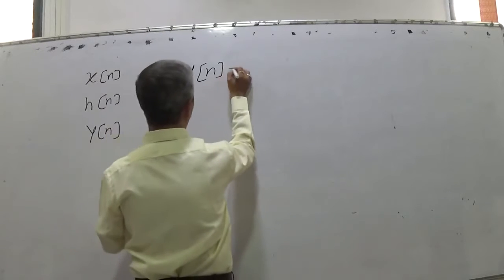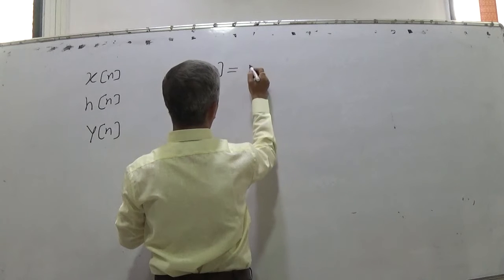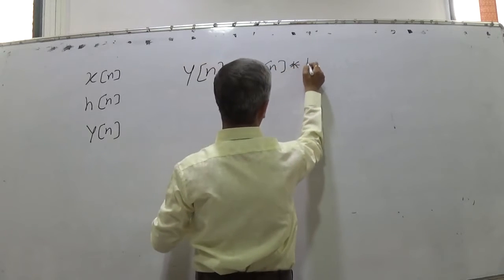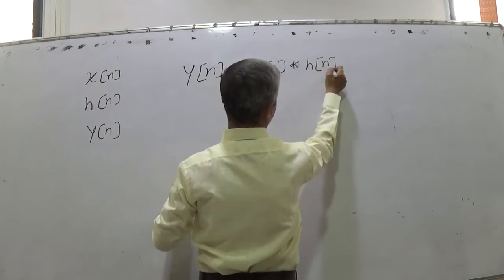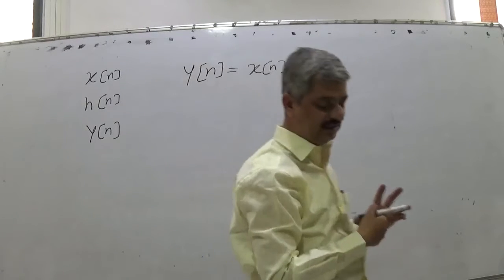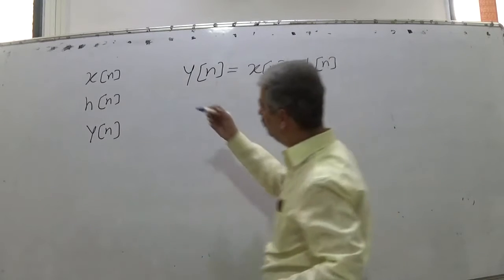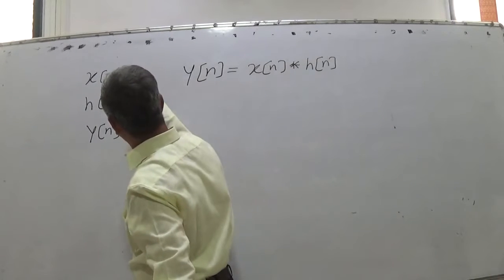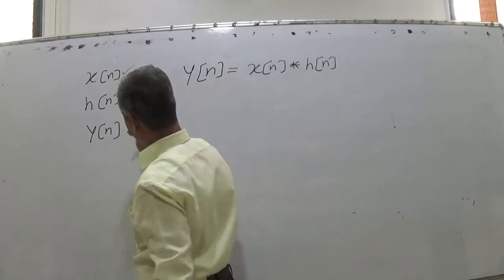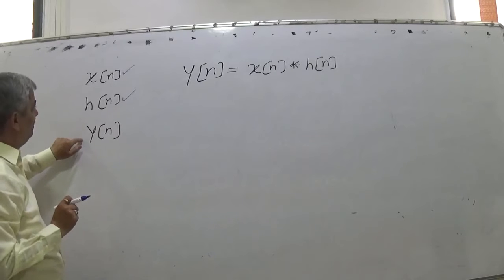If we know x[n] and h[n], then y[n] can be found out because it is a straightforward process of convolution. Either x[n] convolved with h[n] or h[n] convolved with x[n], both are the same thing. It is commutative. So if you know x[n] and h[n], you can compute y[n].